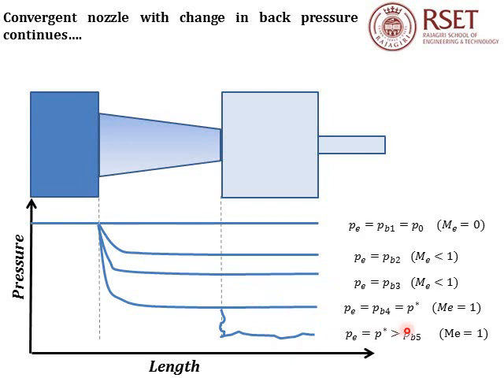We see that even though the pressure has been reduced to a back pressure value PB5, which is less than P star, the flow will again proceed through the just previous curve, and at the exit condition we will have the value P star.